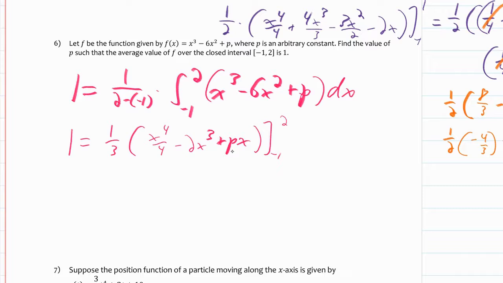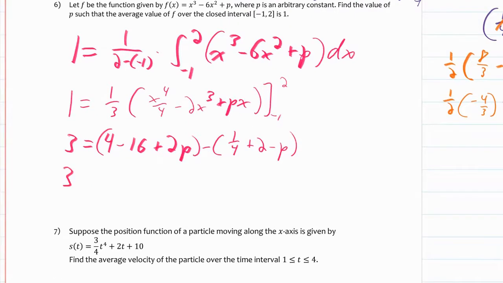So if I multiply both sides by 3, I get 3 equals, and then I'm going to plug 2 in. So I get 16/4, 4, minus, then 2 cubed is 8, so 8 times 2 is 16, then plus 2p, minus, and I have 1/4. This would be plus 2, and then minus p.